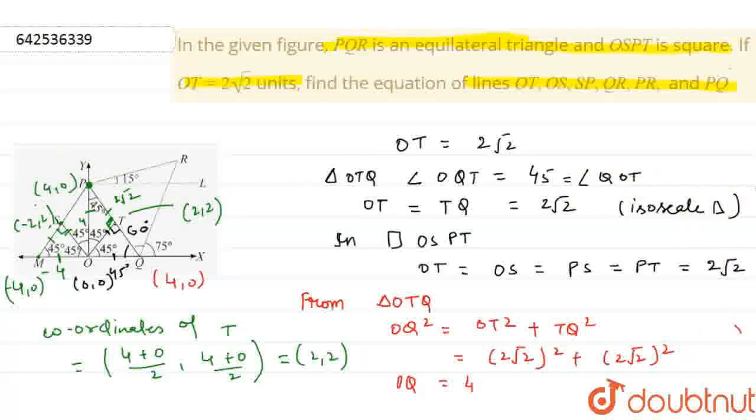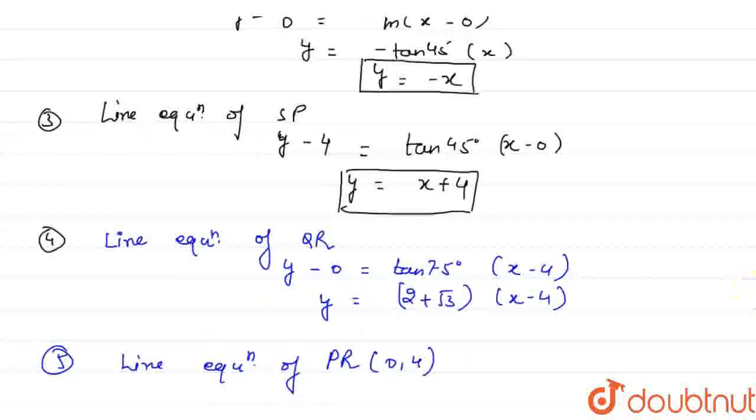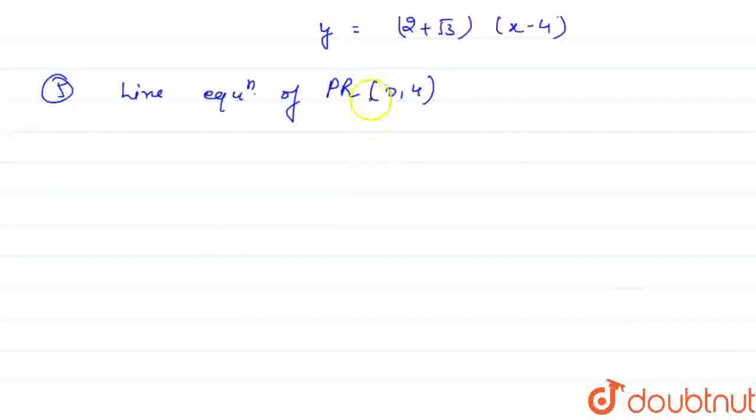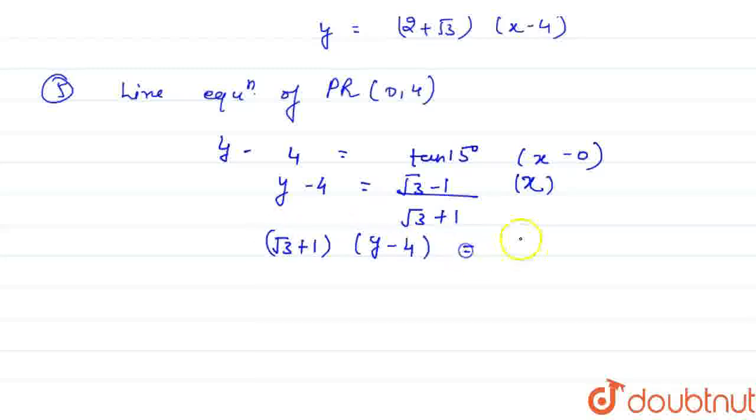Okay. So the line equation will be y minus 4 is equal to tan 15 degrees, x minus 0. So y minus 4 is equal to tan 15. That will be tan 15 is root 3 minus 1 upon root 3 plus 1, x, or root 3 plus 1 into y minus 4 is equal to root 3 minus 1 into x.